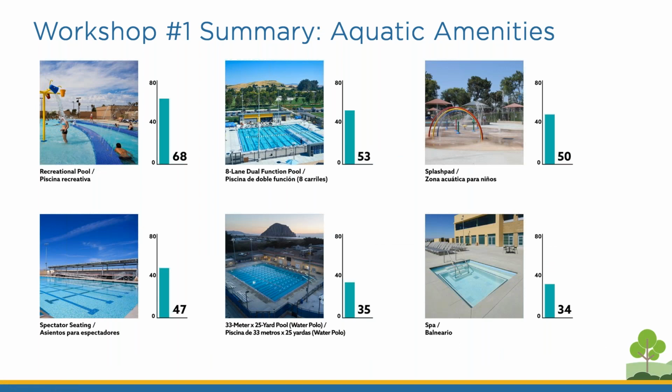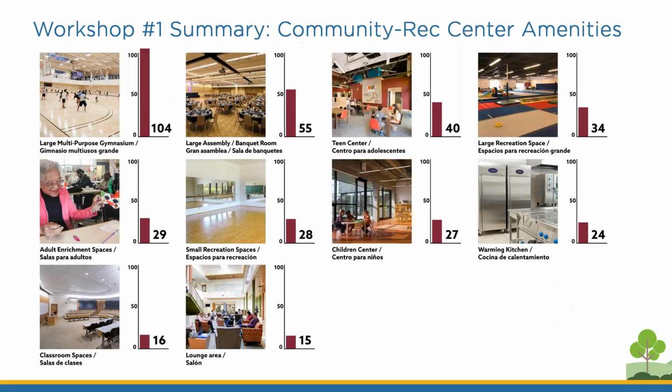For the aquatic amenities photo board, the top included recreation pool, 8-lane lap pool, and splash pad. For the community center amenities photo board, the top included multi-purpose gymnasium and the large assembly banquet hall.